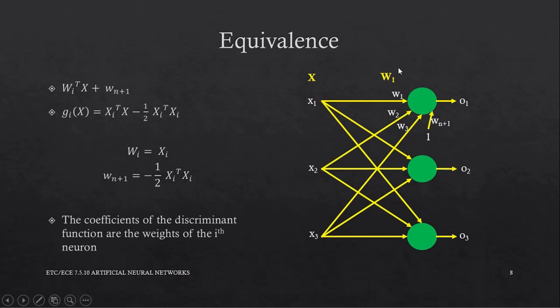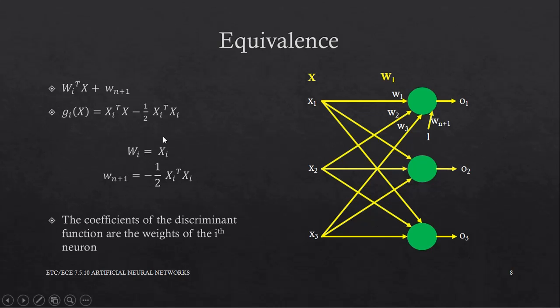So, this is the output response. For X to belong to the ith class, the output response from the ith neuron should be maximum. Wi transpose X plus Wn plus 1 should be maximum.